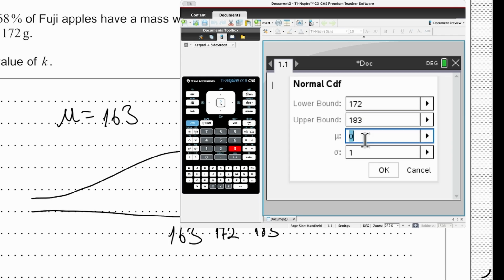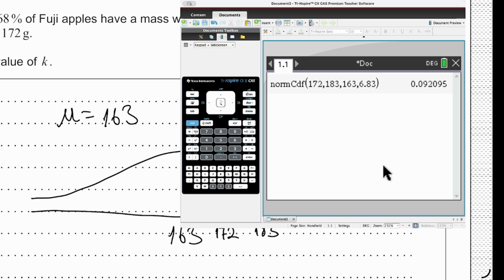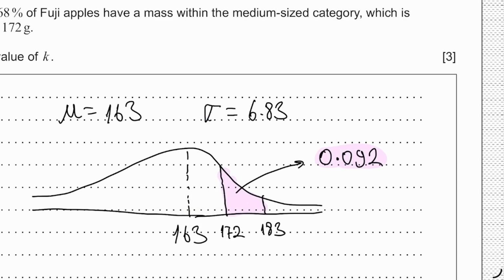Mu is the mean, 163, and standard deviation is 6.83. Hit OK. So this area is 0.092. This is the answer to part A, the first question. We found this area by calculator.